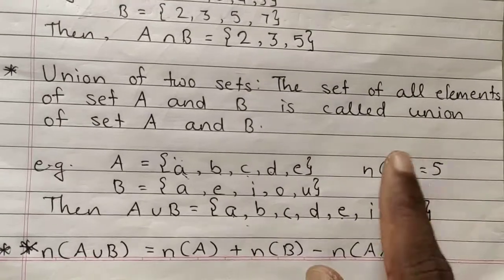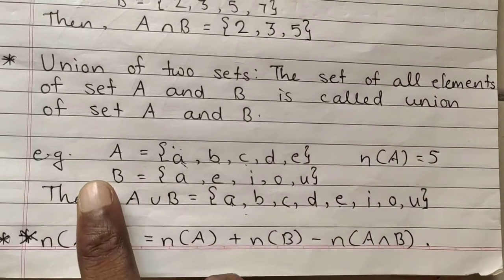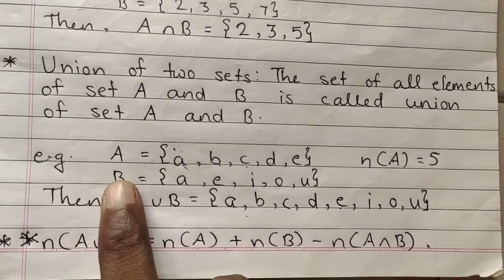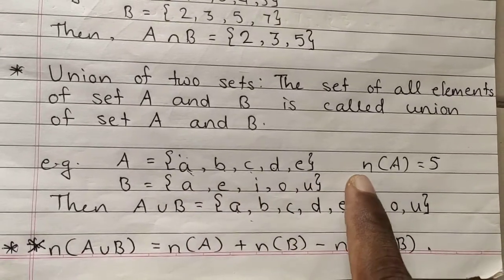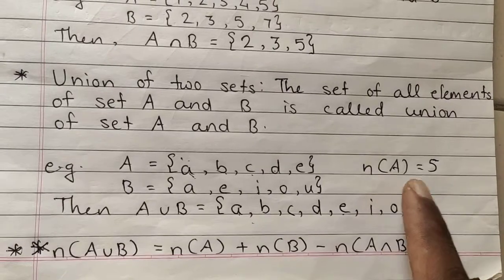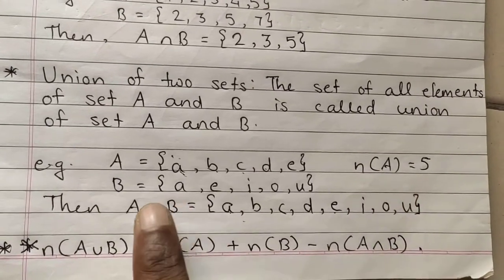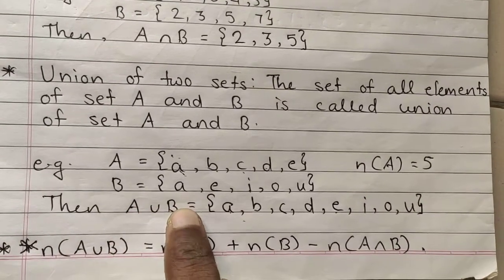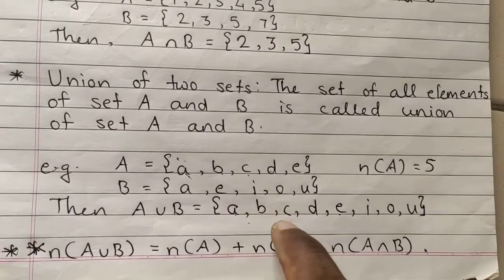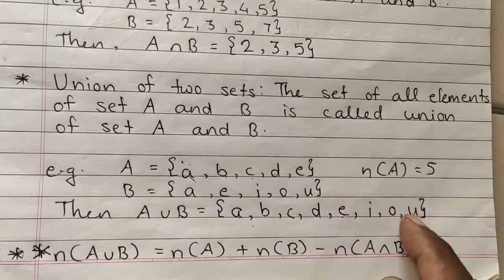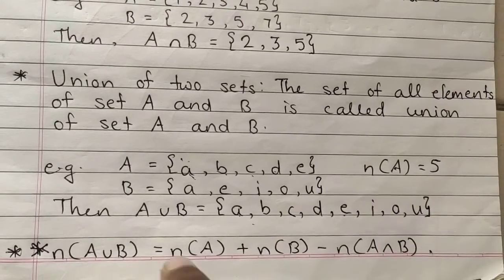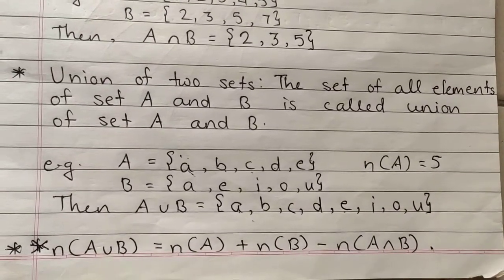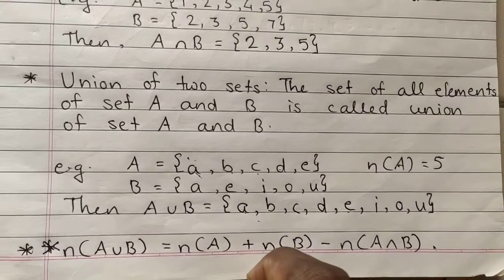Okay, how many elements? 5. Similarly, for this set B, you can have number of B is equal to 1, 2, 3, 4, 5. In this case also you can write number of elements of set B equal to 5. Similarly, for number of A union B, you can count 1, 2, 3, 4, 5, 6, 7 and 8. Okay, so this is what we call number. Number means how many elements are there in the set.